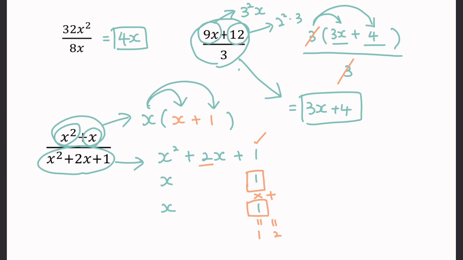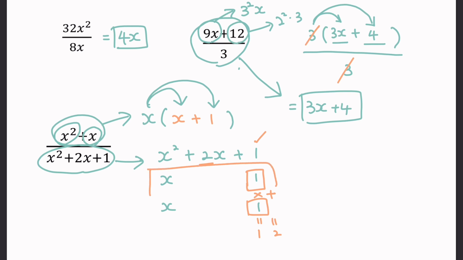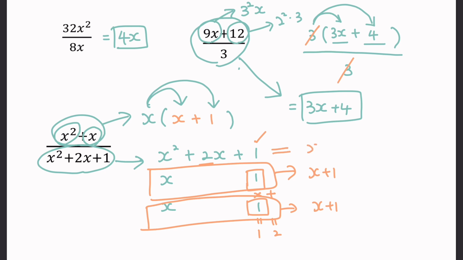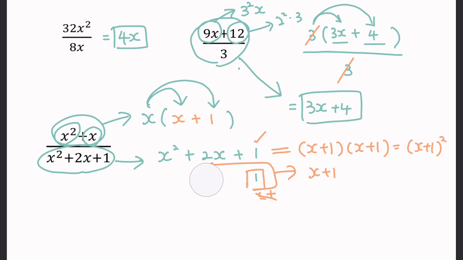So I am going to box this part and box this part. First part, x plus 1. Second part, another x plus 1. So I can rewrite this quadratic as x plus 1 times x plus 1, or simply x plus 1 squared. Alright, let's rewrite the whole thing.